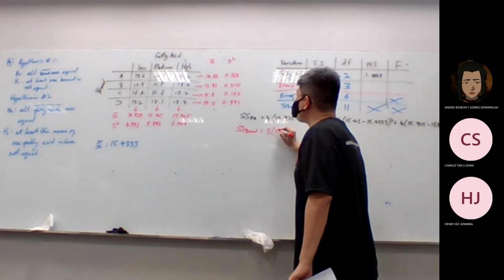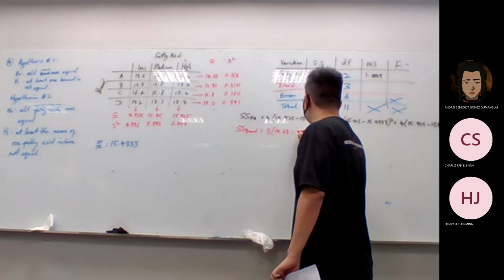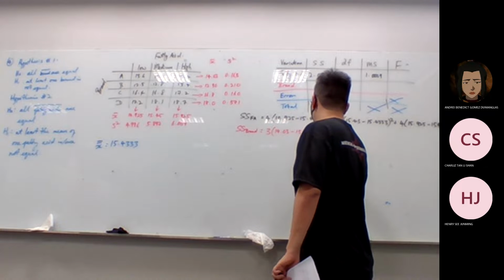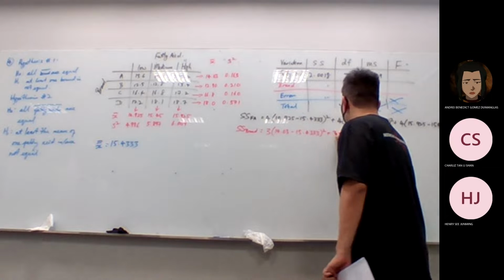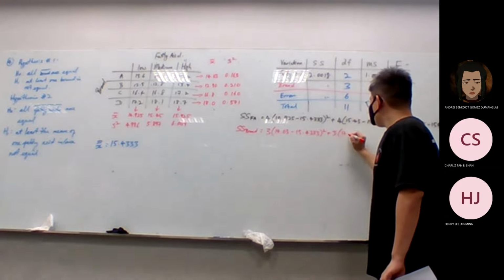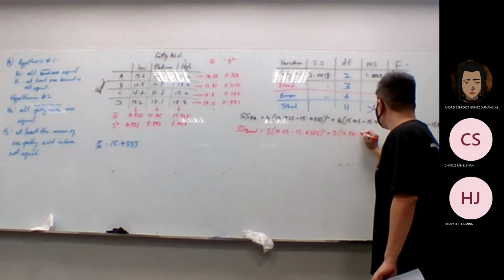And you have 14.03 minus 15.4333 squared plus 3, 12.90.